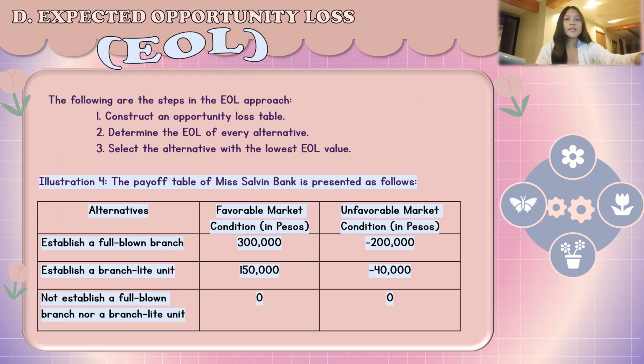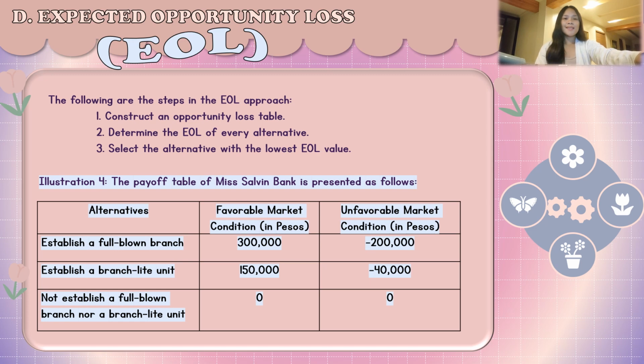The following are the steps in the EOL approach. First is to construct an opportunity loss table. Second is to determine the expected opportunity loss of every alternative. Lastly, select the alternative with the lowest EOL value.